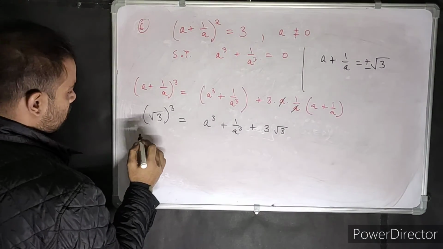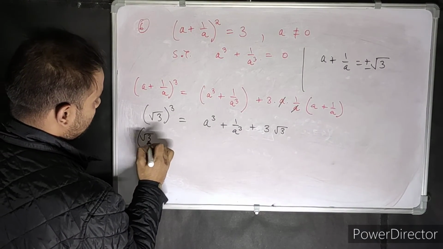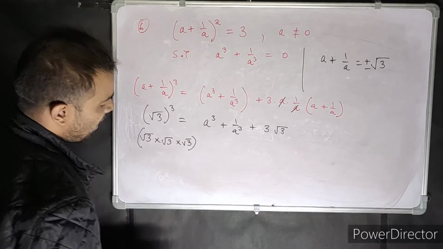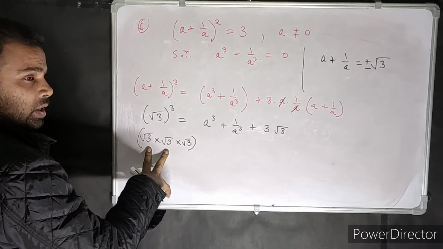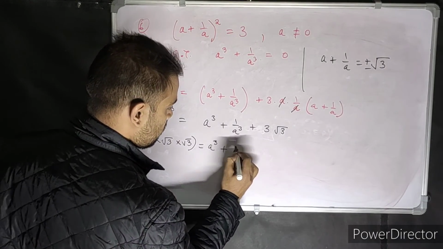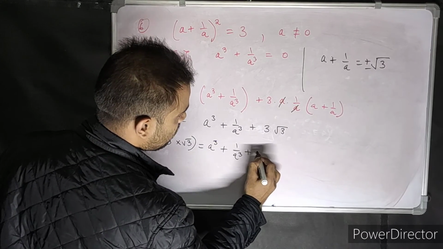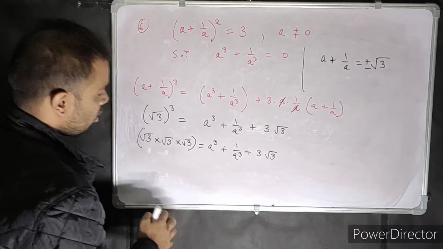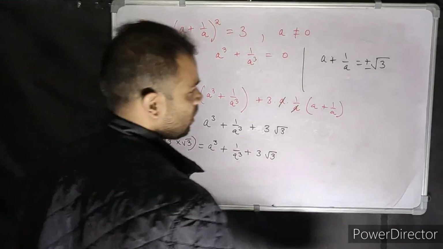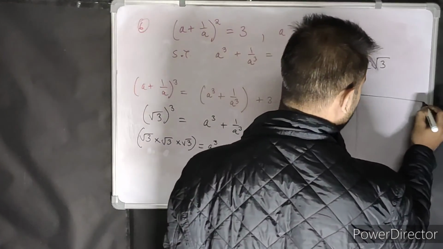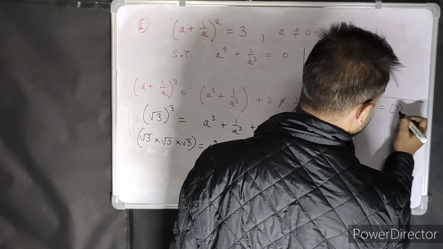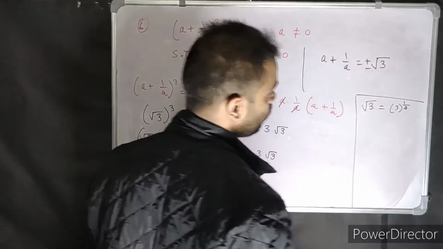See, I am showing you the long way so that you can understand. If you multiply this 3 times, what happens? Root 3 into root 3 is 3, and you have a root 3 over there. What is a root? Root means power half. Root 3 means 3 to the power 1 by 2.